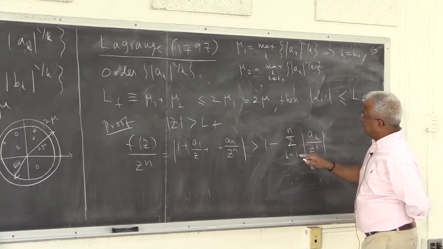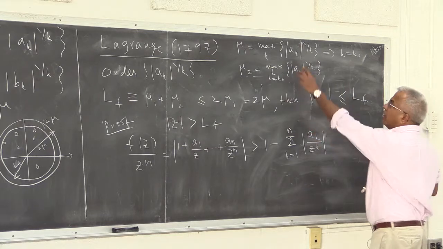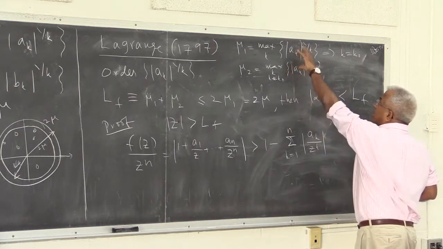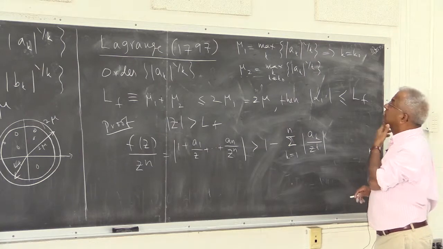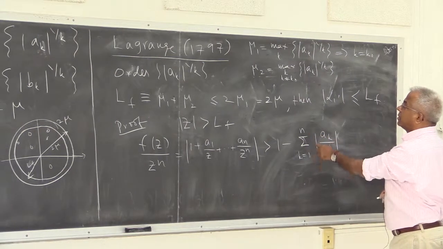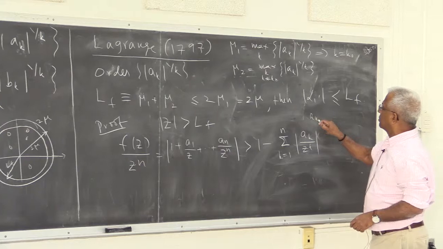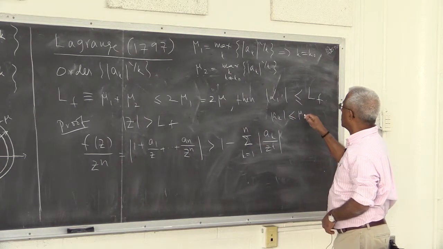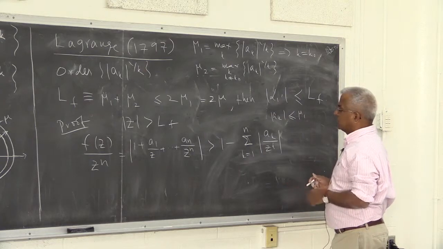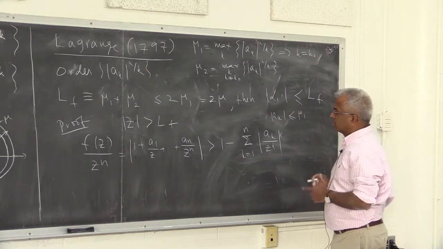So notice that from this definition, n minus 1 terms satisfy this inequality: absolute value of ak is less than mu1 for n minus 1 of them. We don't know which one, but that's true.